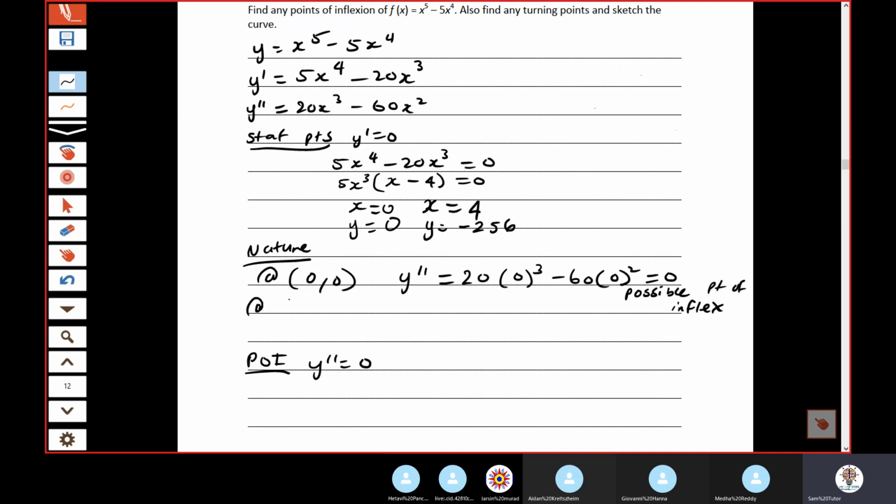And then again, at 4 and negative 256, what does y double dash become? 20, and you sub it back in. 4 cubed minus 60, 4 squared, which equals 320. 320, which is greater than 0, which is a min.